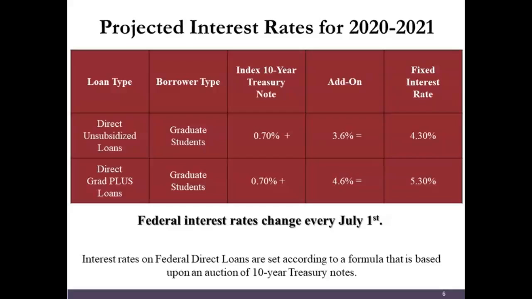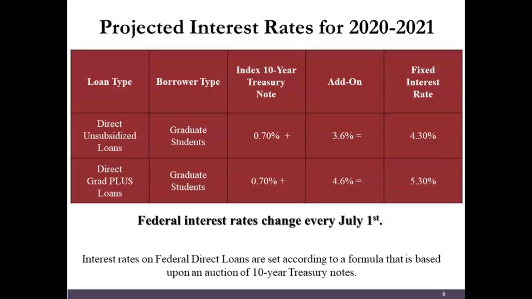We just need to figure out how we're going to do that, because obviously it's better to have a lower interest rate than a higher one. But we can't do anything about the summer quarter because these interest rates that were just announced today do not exist for anyone until after July 1st of 2020.